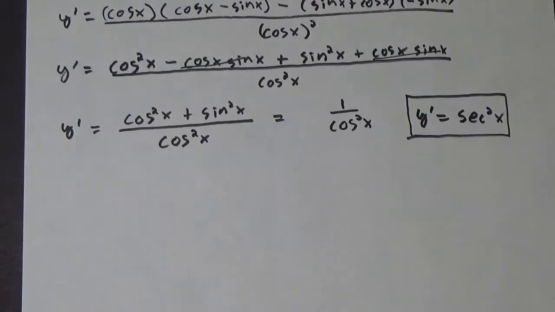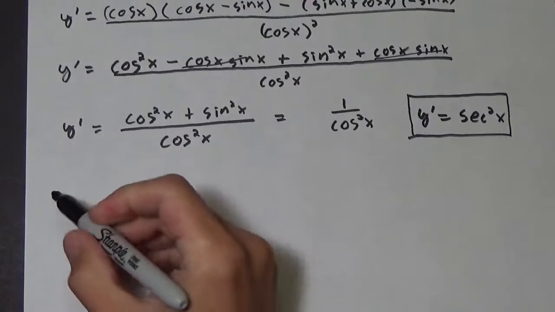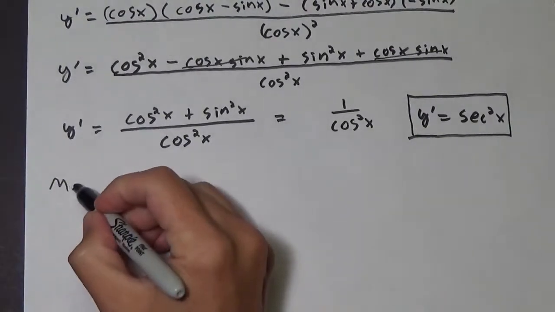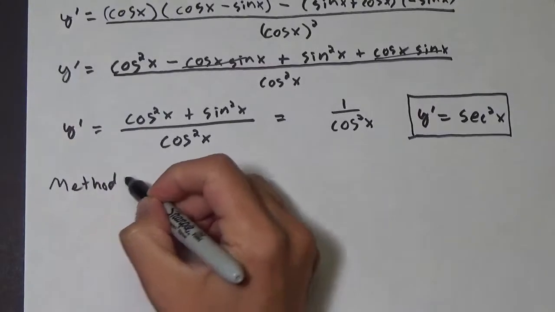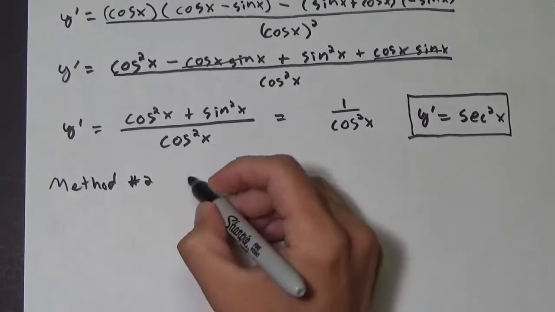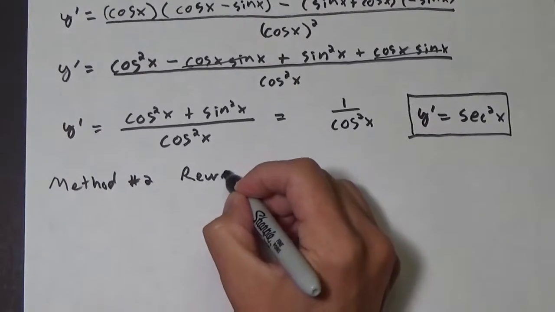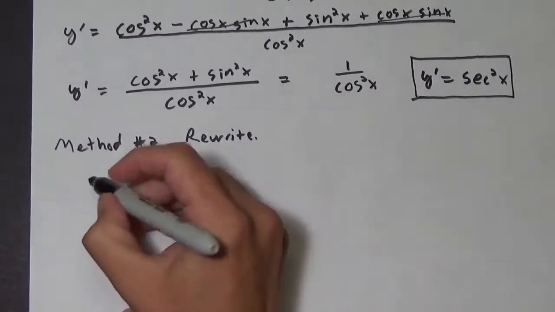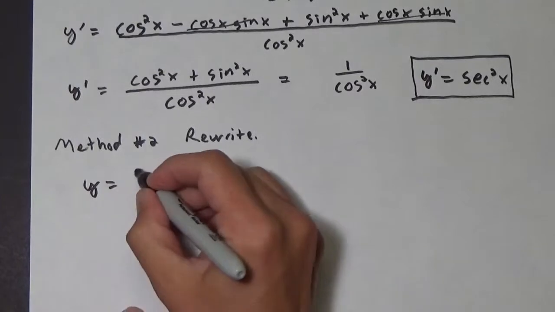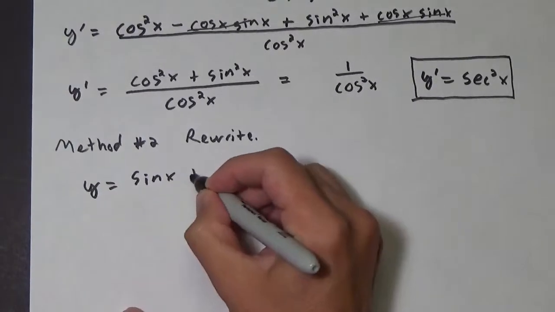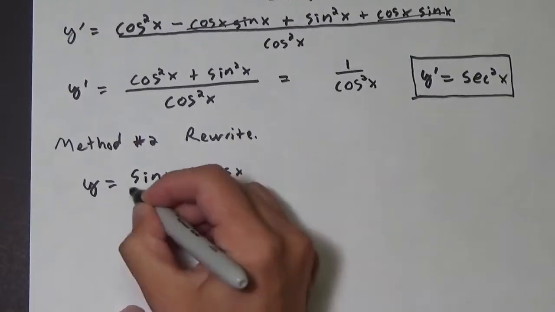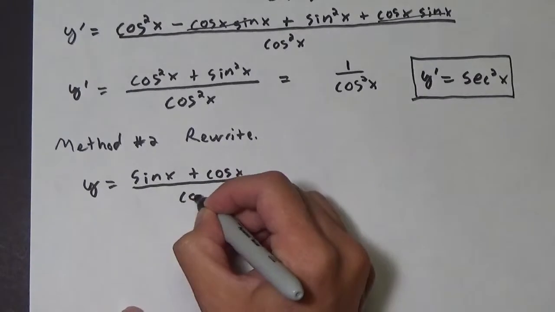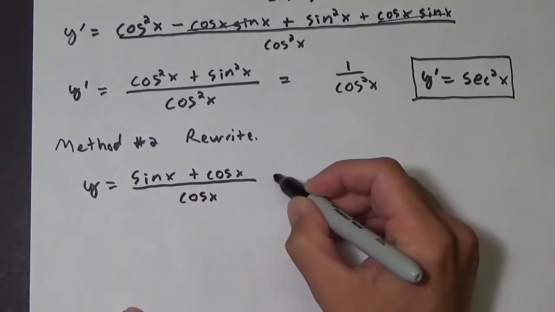Now I said there was a second method we could do to figure out this derivative, and method number 2 is to rewrite. So we have y equals the sine of x plus the cosine of x, all over the cosine of x.